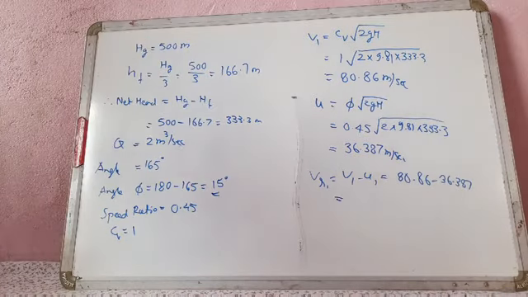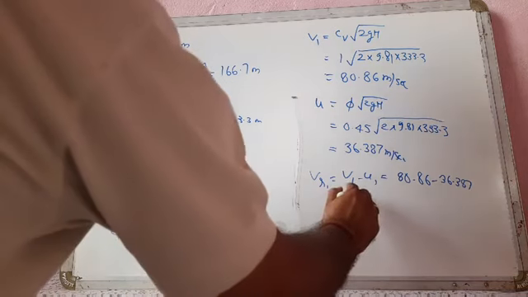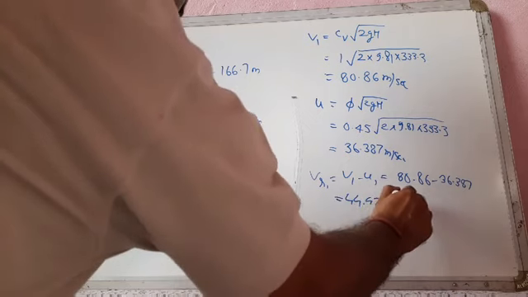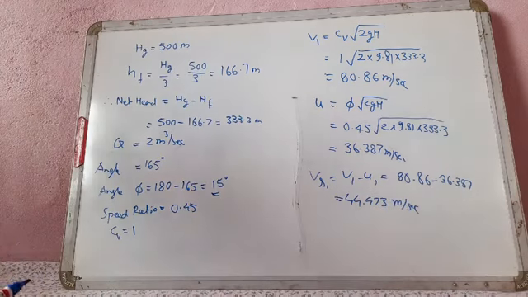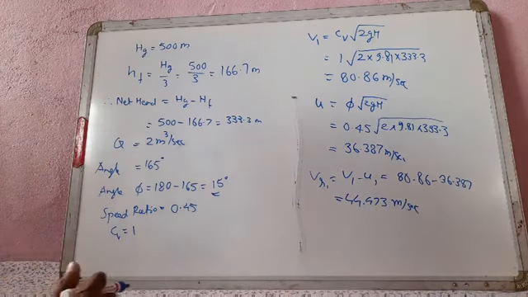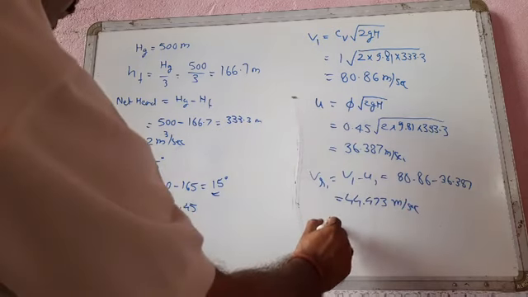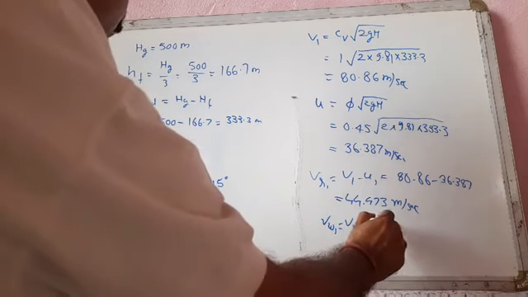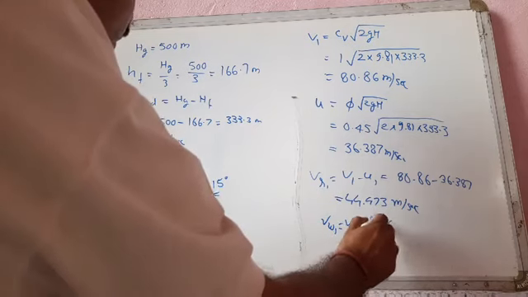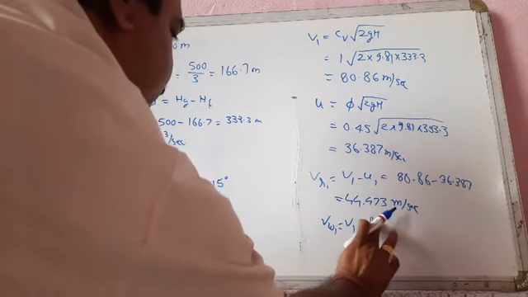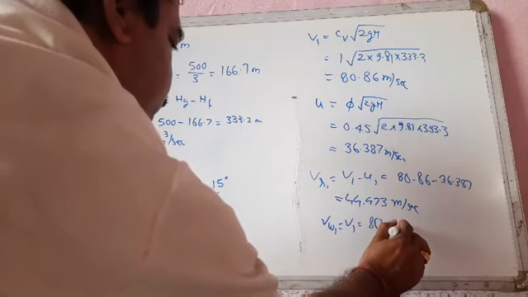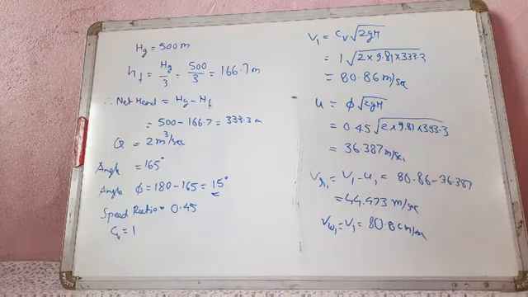So the value of Vr1 is 44.473 meter per second, and Vw1 is also V1, so this is 80.86 meter per second.